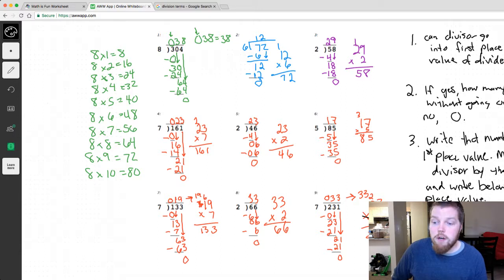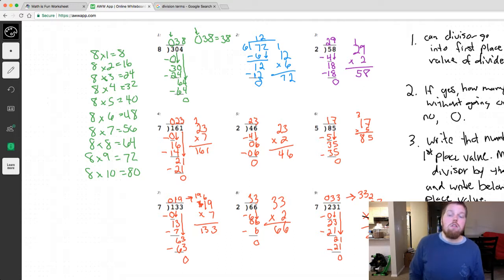Multiply the divisor by that number and write it below. 3 times 8 is 24. Subtract that number. We got 6, and we brought down the next place value. So these steps right here, 1 through 5, are going to help you solve your long division problems.